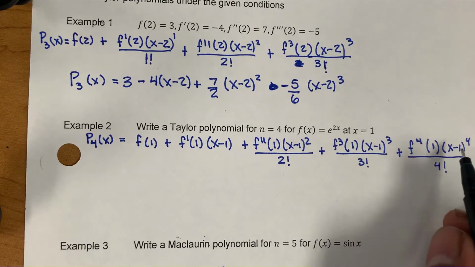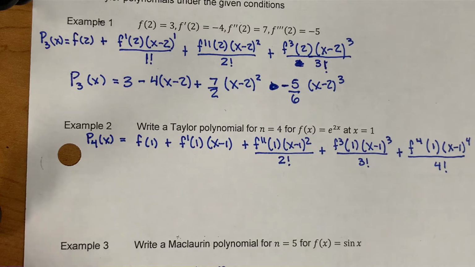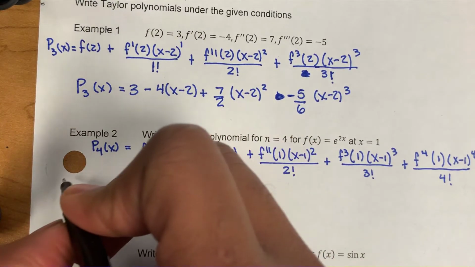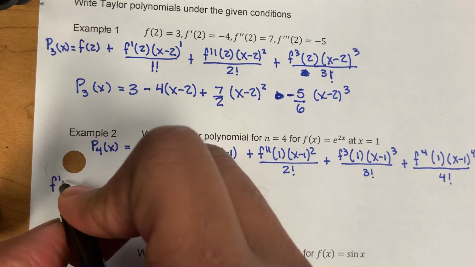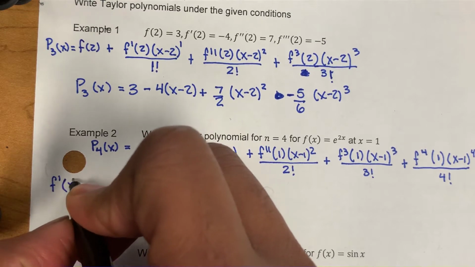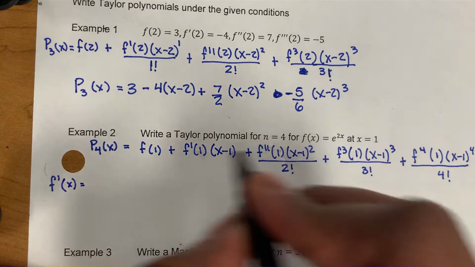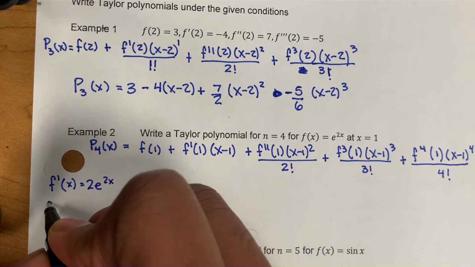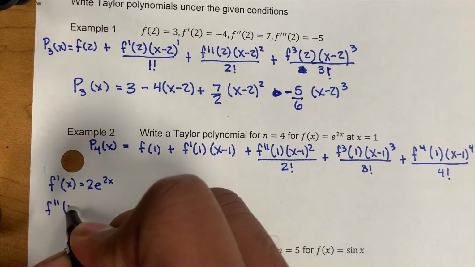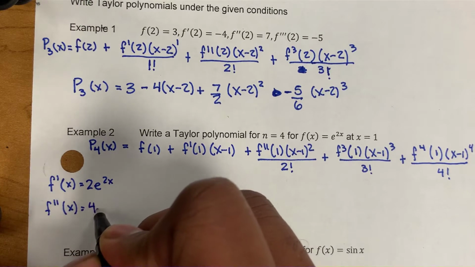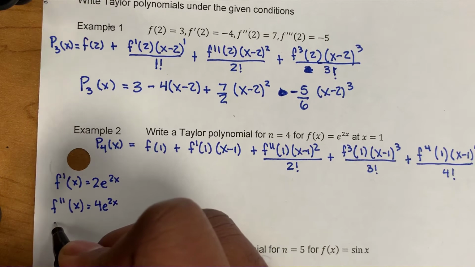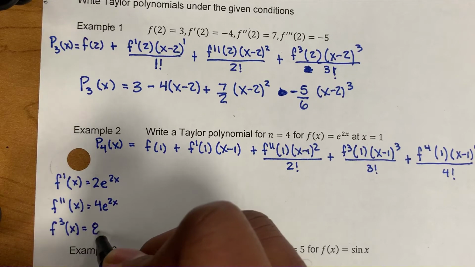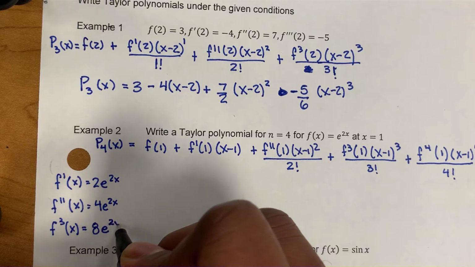So to fill out all of these terms, we need to do a couple of things. We first need to get all of our derivatives. So the first derivative is 2e to the 2x. The second derivative is 4e to the 2x. The third derivative is 8e to the 2x.